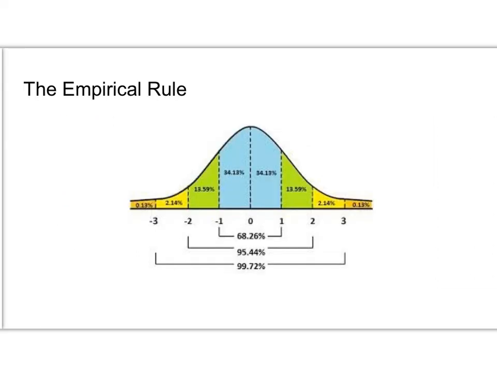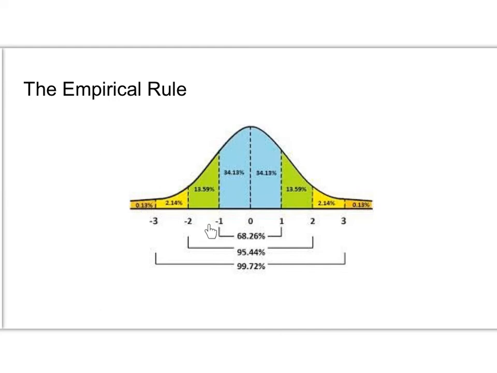Now we have this rule we call the empirical rule. The empirical rule is used for the standard normal distribution, and it describes about how many percent of the data are within a certain standard deviation.